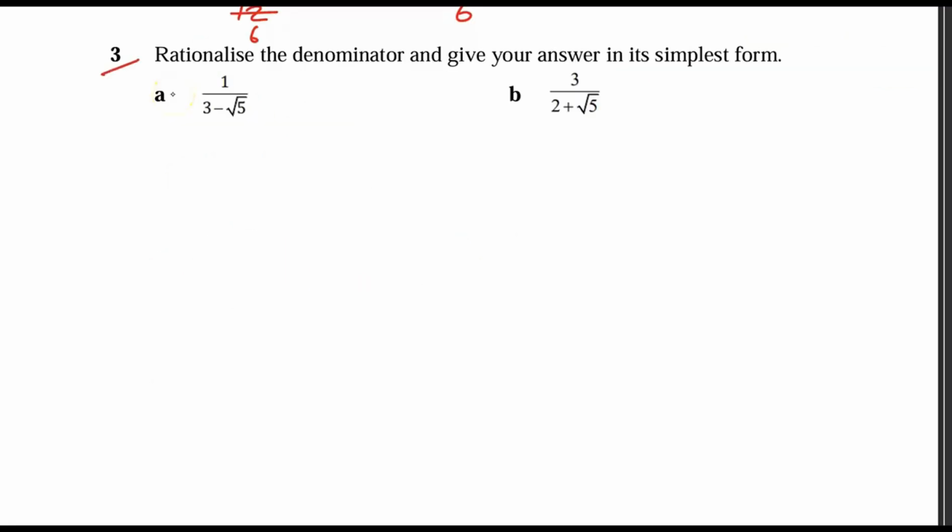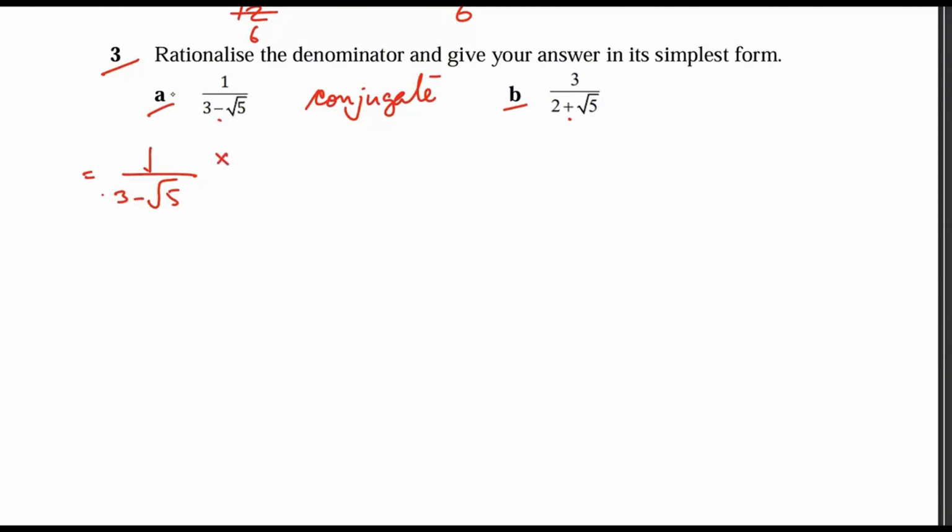Question number 3. Rationalize the denominator and give your answer in its simplest form. The two questions A and B. In these two, there's something called conjugate. That means we change the negative sign to positive and positive to negative. Okay. So let me just explain the first one. 1 over 3 minus root 5.